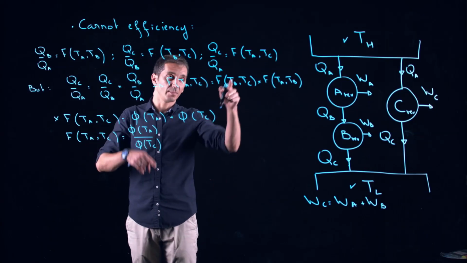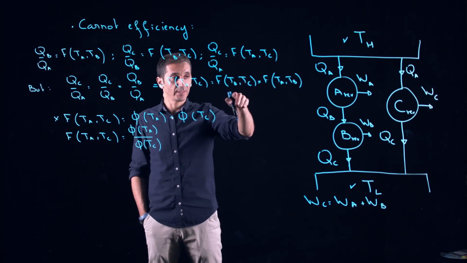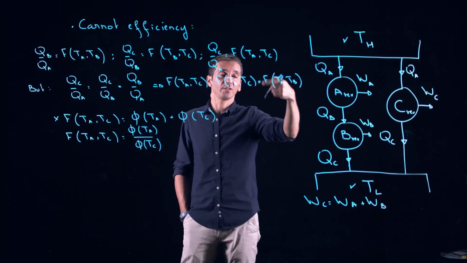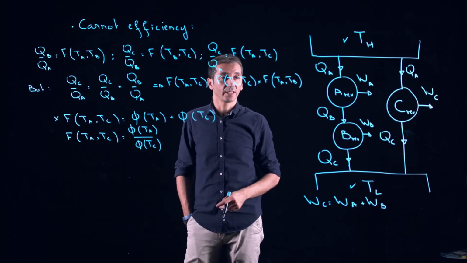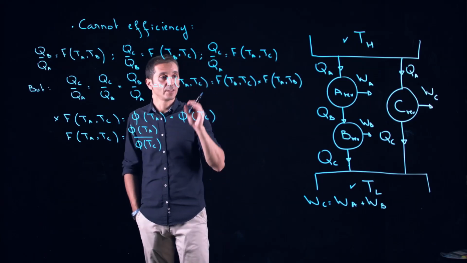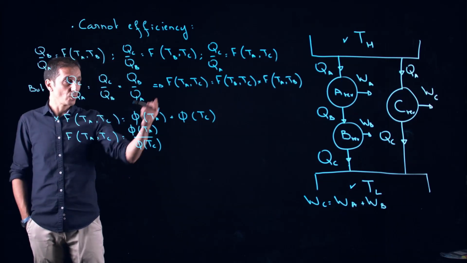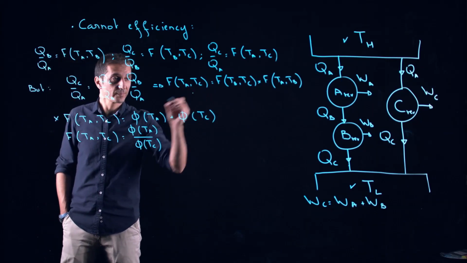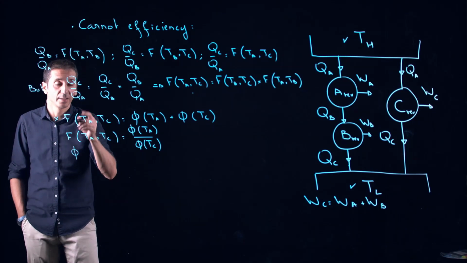This one will become phi of TC over phi of TB, and this one will become phi of TB over phi of TA. I can cancel phi of TB, and therefore we'll end up with phi of TC over phi of TA, okay?